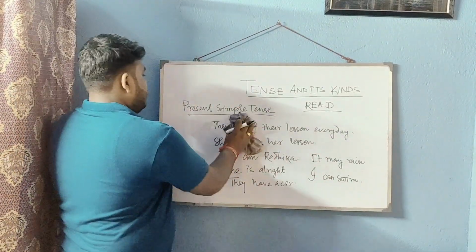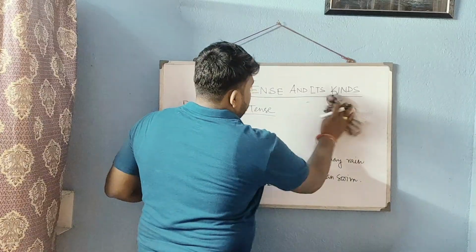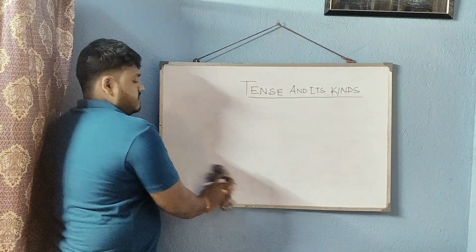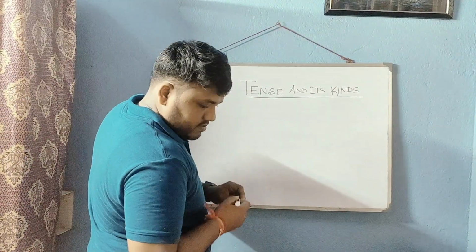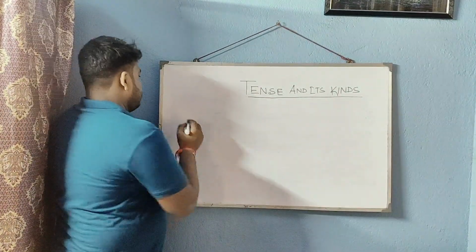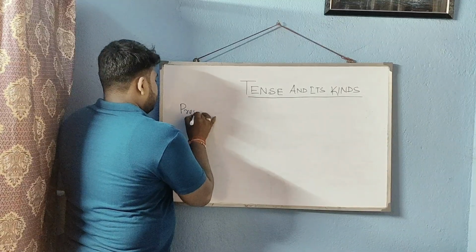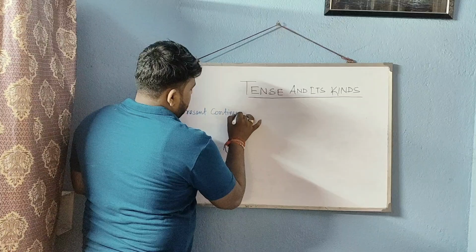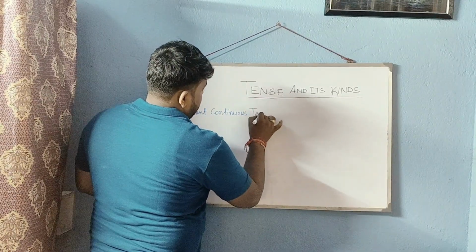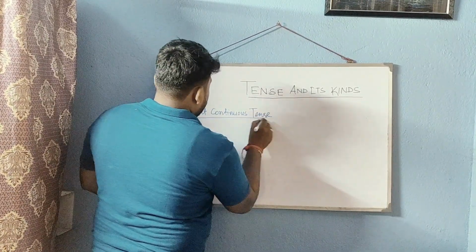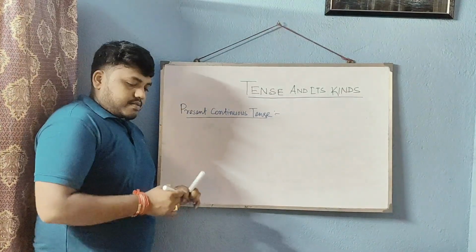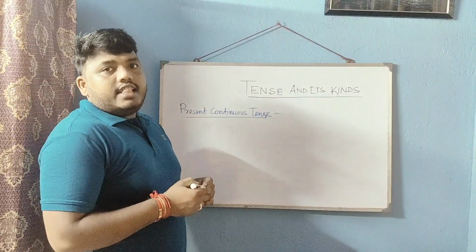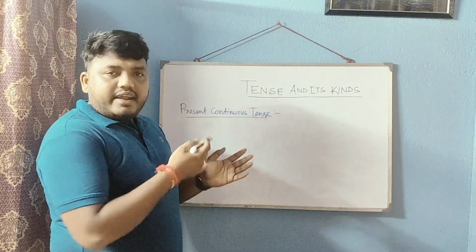Now we will move forward to learn present continuous tense. So present continuous tense denotes an action that is happening in the present time. I'm writing the definition.